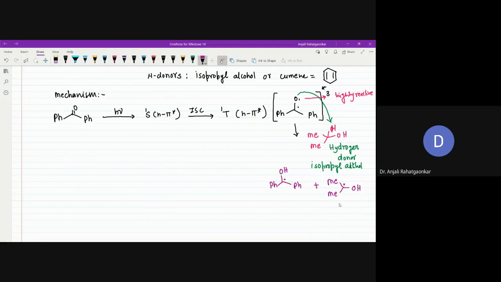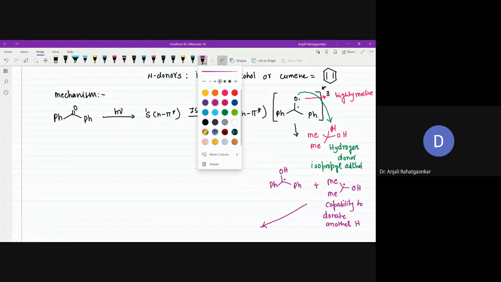Now this free radical has a capability to donate another proton. Another proton. So another benzophenone, the second molecule of benzophenone, is participating over here.